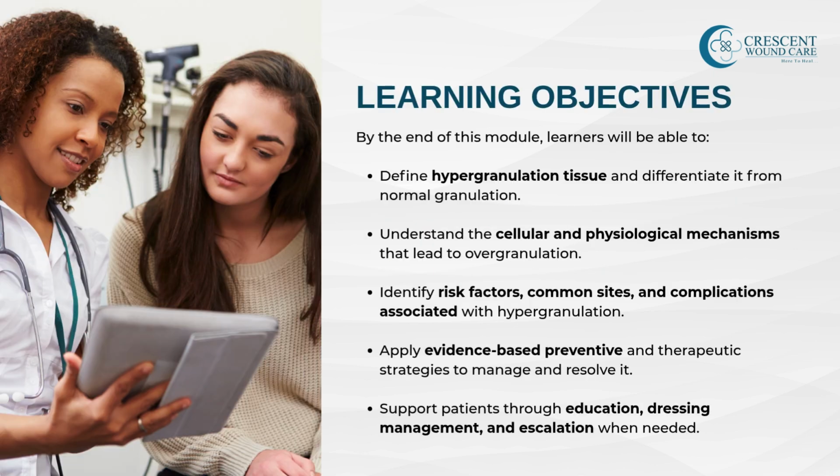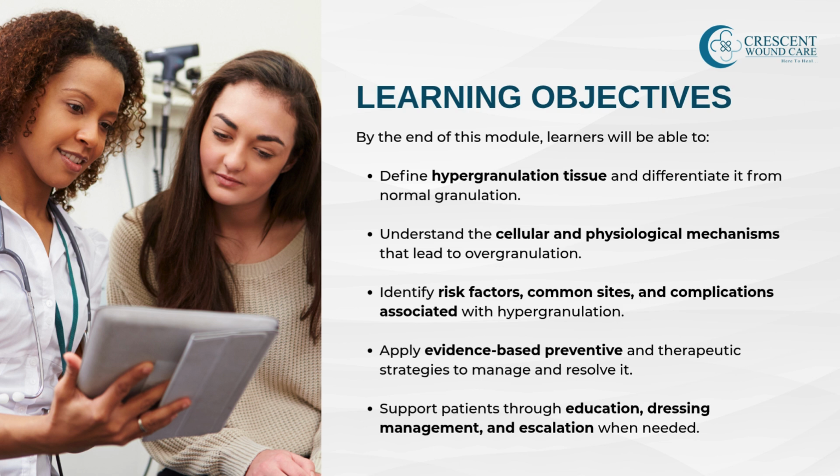By the end of this module, you'll be equipped to define hypergranulation tissue and distinguish it from normal granulation. Understand the underlying cellular and physiological processes that lead to this condition. Identify risk factors, complications, and the anatomical areas where it's most likely to occur. Apply both preventive and evidence-based therapeutic interventions.